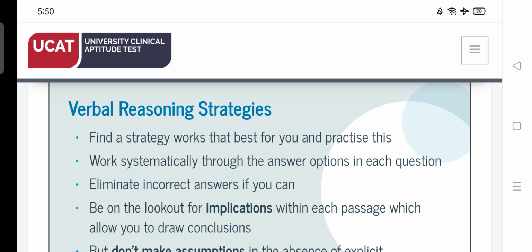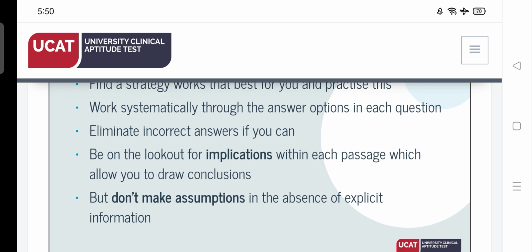Okay, so eliminate incorrect answers if you can. If there are some incorrect answers, you can eliminate them and be on the lookout for implications within each passage which allow you to draw the right conclusion.